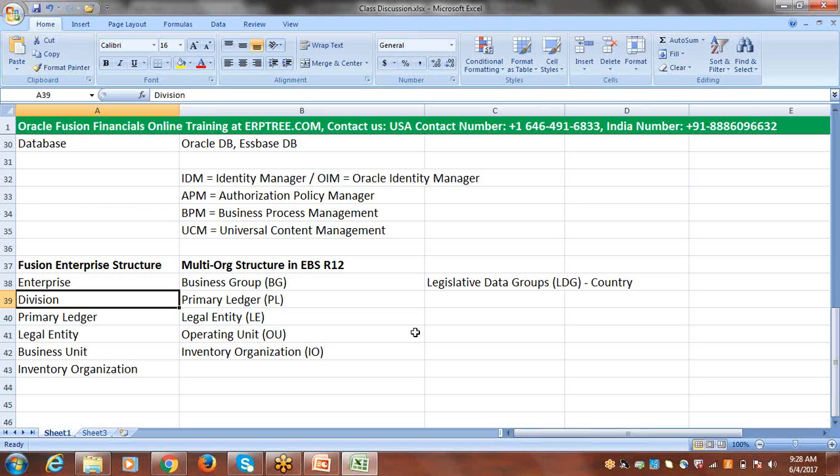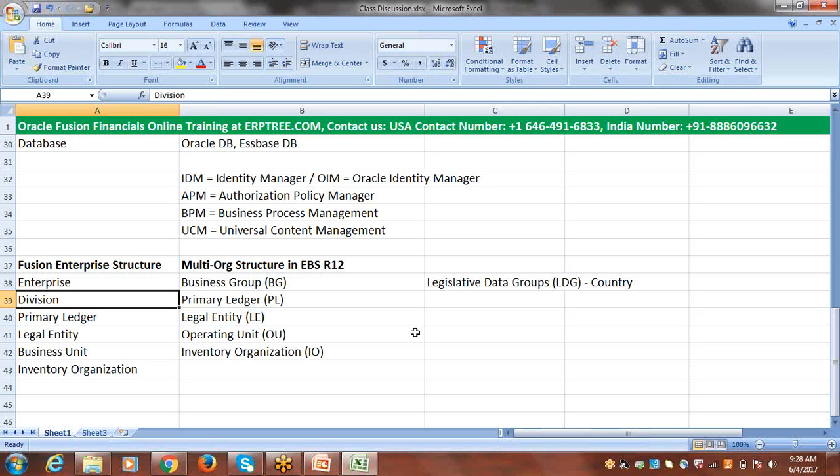Apart from that, if you want to have a concept called division as a part of the enterprise structure, yes, we have that flexibility, where you can create the division under the enterprise, and associate the same division with your primary ledger and legal entities, and finally with the BUs. That's how the mapping can be done.